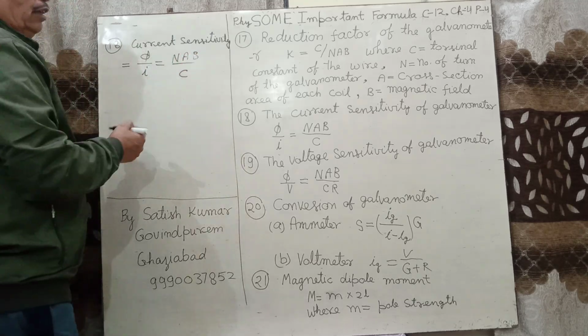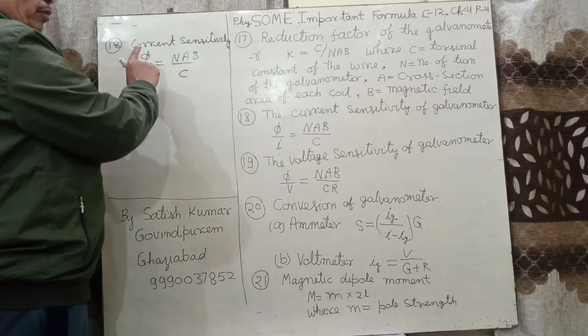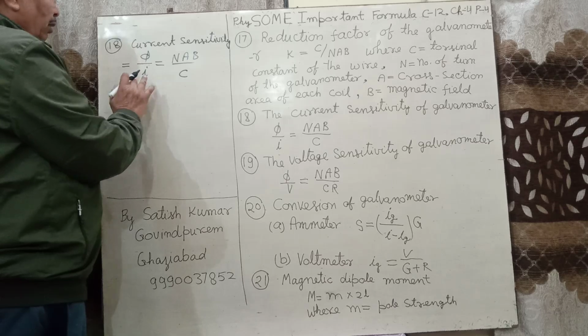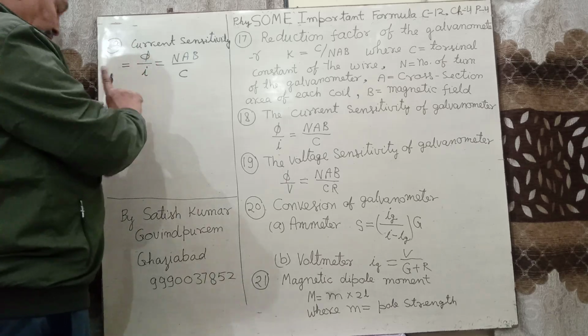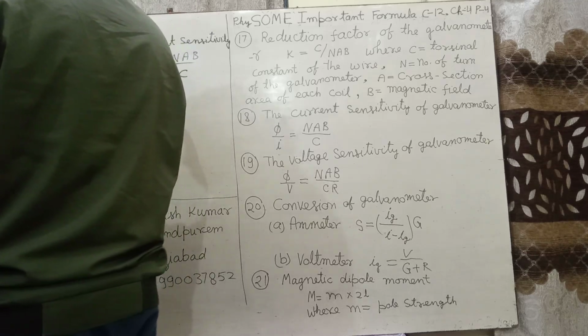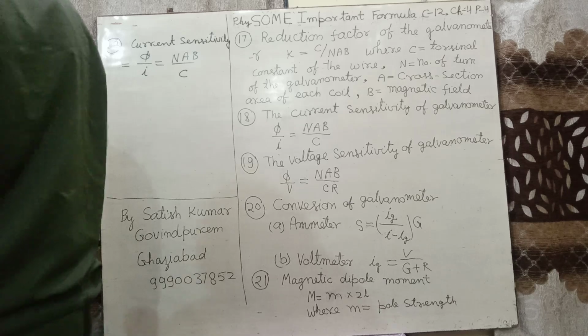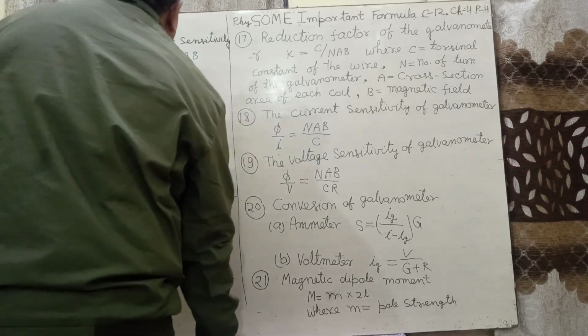where phi is the deflection of the needle and I is the flow of current.